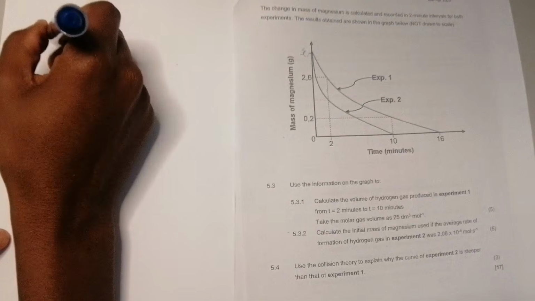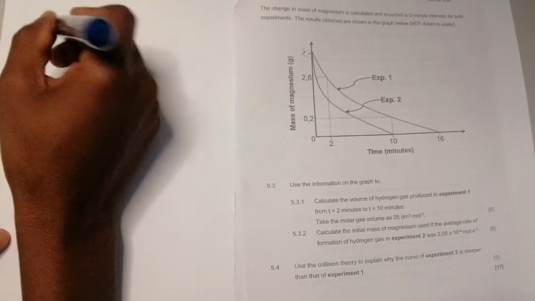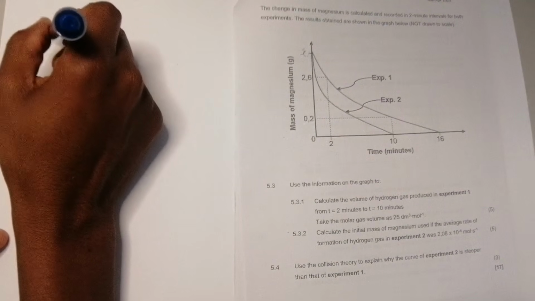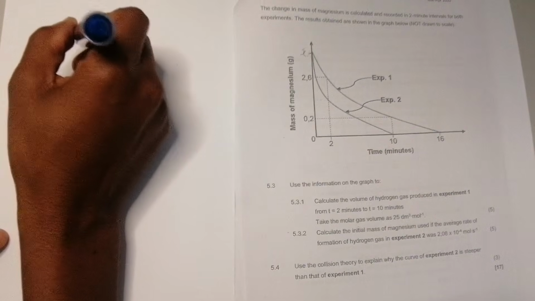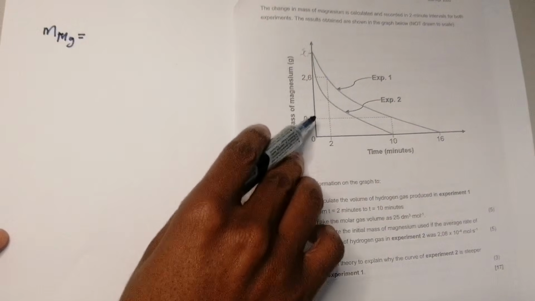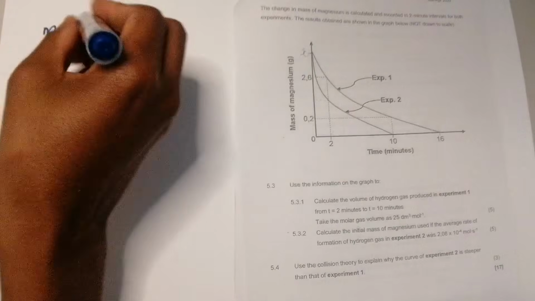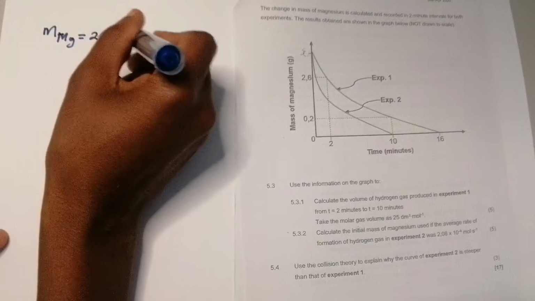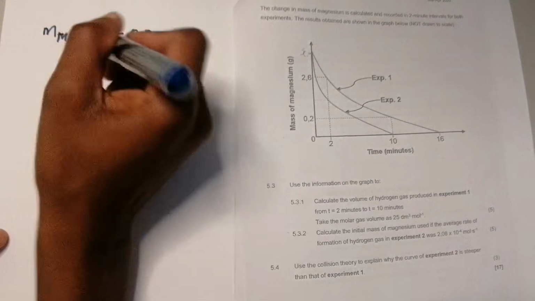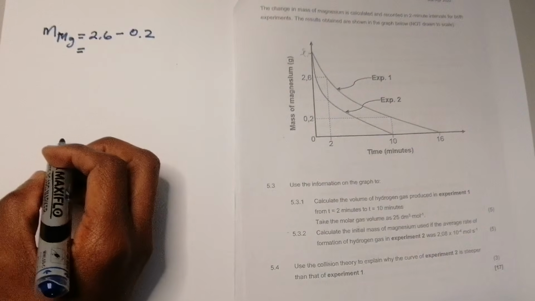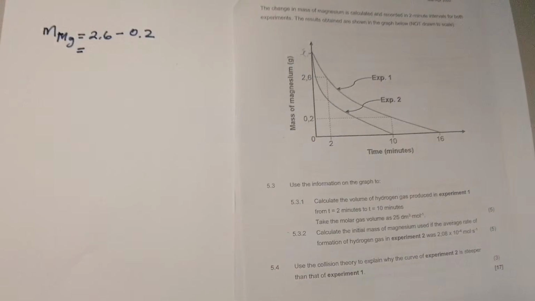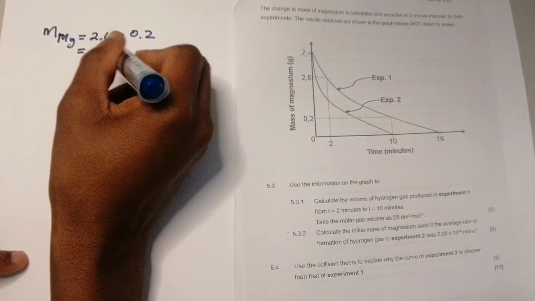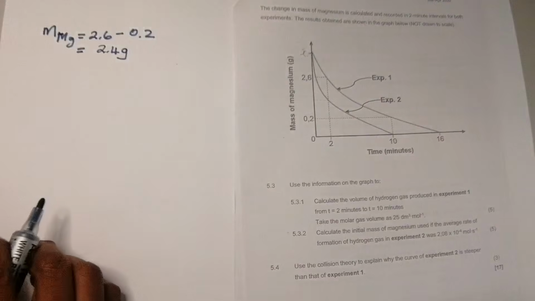So the mass of zinc, sorry, did I just say zinc? Magnesium, sorry about that. So the mass of magnesium in this case would be the change that took place between those 2 points. So it would be 2,6 minus 0.2. So that's the mass that we actually used, right? So that's 2.6 minus 0.2. That would give us 2.4 grams, okay?